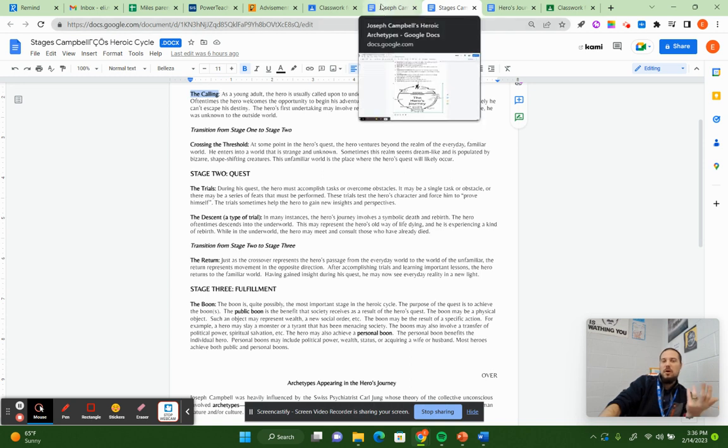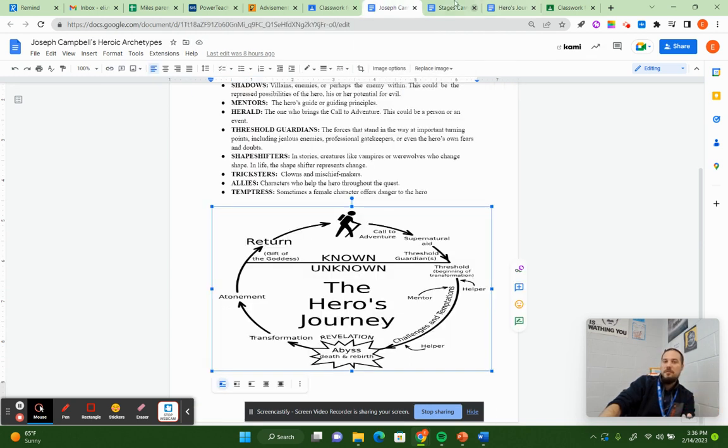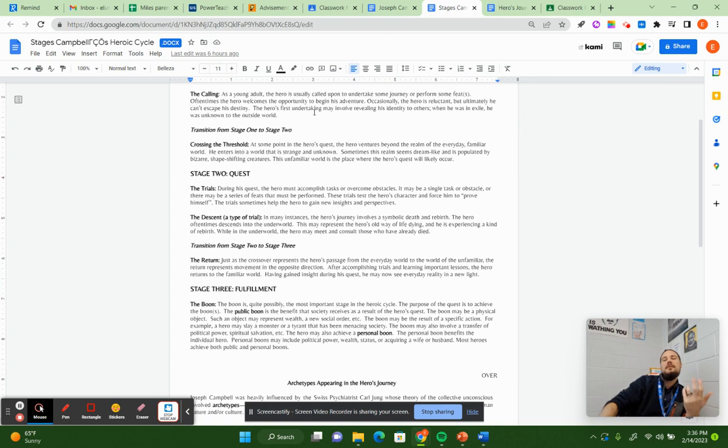The calling, sometimes called the call to adventure. This is a moment that happens that triggers the hero to set off on the path to adventure. In Lord of the Rings, Frodo gets the ring and realizes that it's actually an evil ring where the Dark Lord Sauron has poured all of his dark hatred and malice and enmity into this ring.